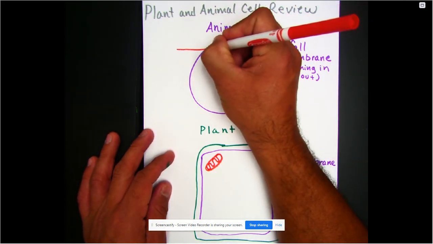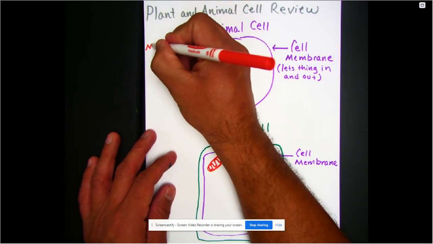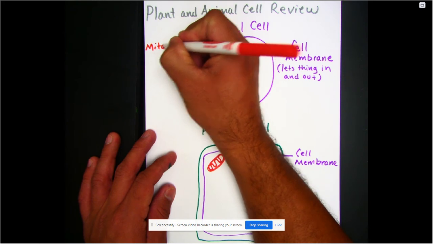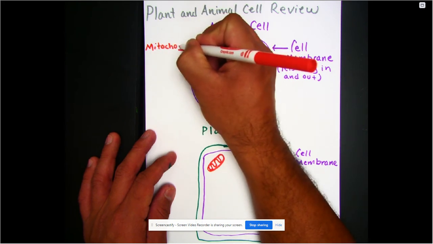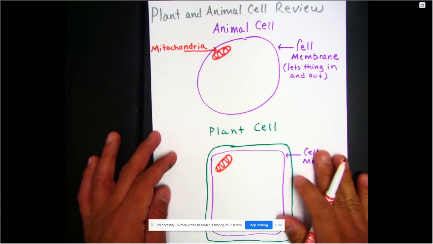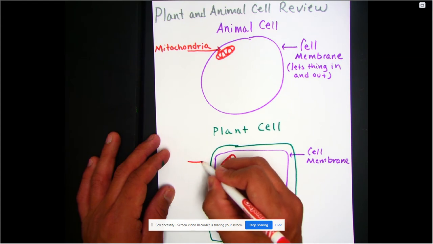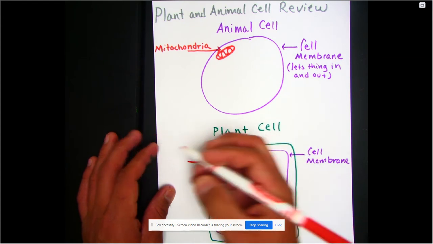So this organelle is called the mitochondria. And so we're going to label it up at the top for the animal cell and for the plant cell.